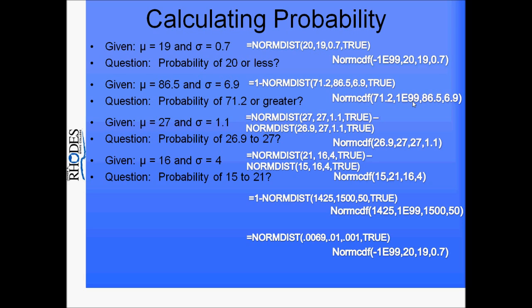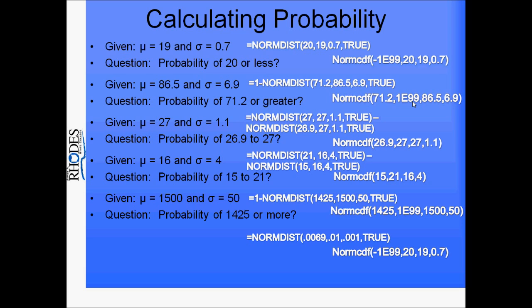Okay. Next example. I get into some bigger numbers here. 1500 as a mean, standard deviation of 50. And I want to know what's the probability of 1425 or more. So here's one of those. I'll let you think about it. What's your left bound? What's your smallest number?